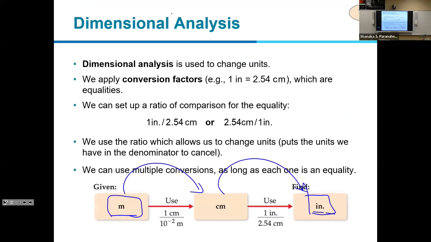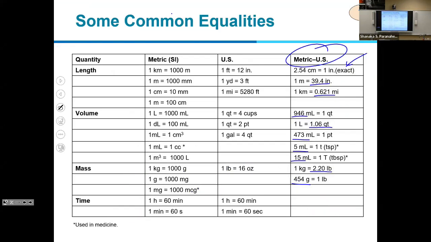In that case, you have the equation: 39.4 inches is equal to 1 meter. So we can use this equation to convert 15 meters into inches. If not, someone else can find a different path. Do you have centimeters?